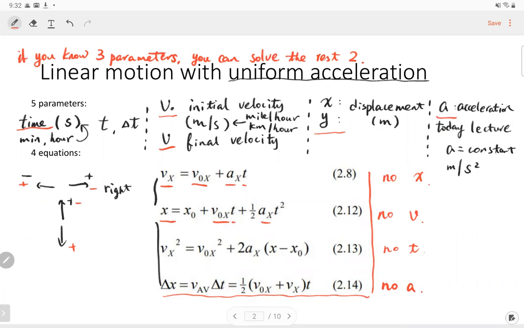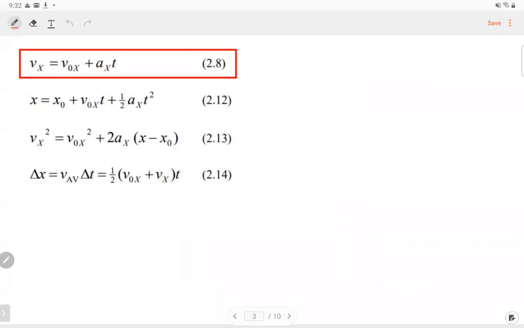Okay. Then let me give you some derivation of why these equations are true and why we need them. Let me talk about the first equation. In this first equation, we don't have displacement. If you're familiar with the definition of acceleration, this is a simplification of it. So let's go back to the definition of acceleration.